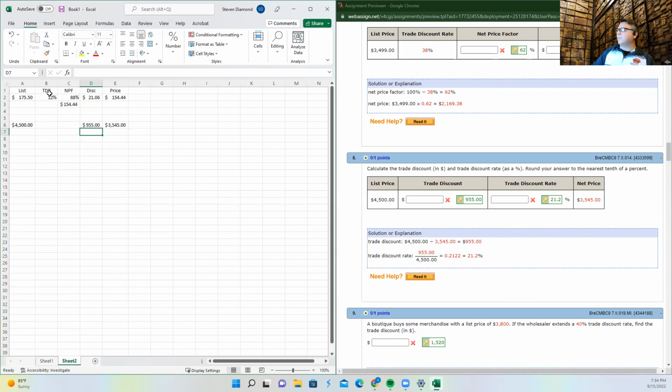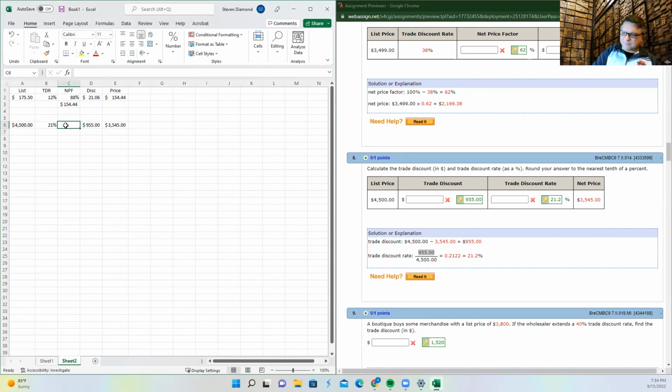And our trade discount rate is going to be our trade discount divided by the list price. So we get a 21% discount on that.